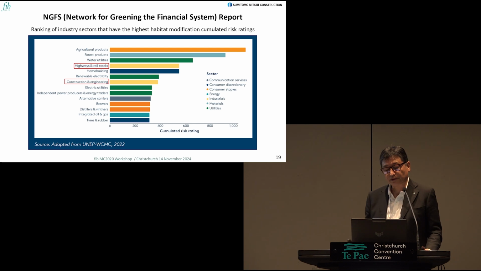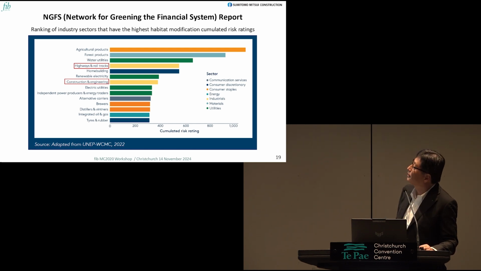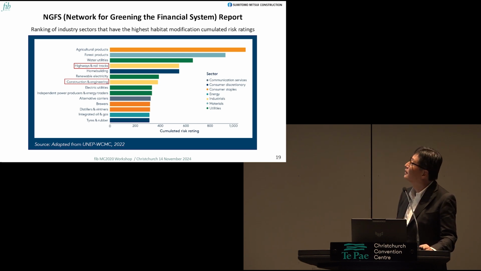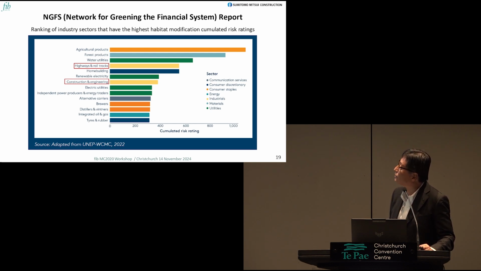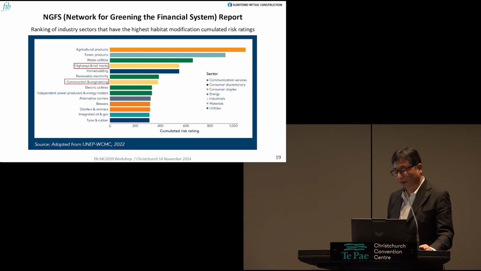And this is real data from the Network for Greening the Financial System, the financial sector. Our work, highways and rails and trucks, and also construction, these activities affect the environment very, very much. The risk rating is very high.